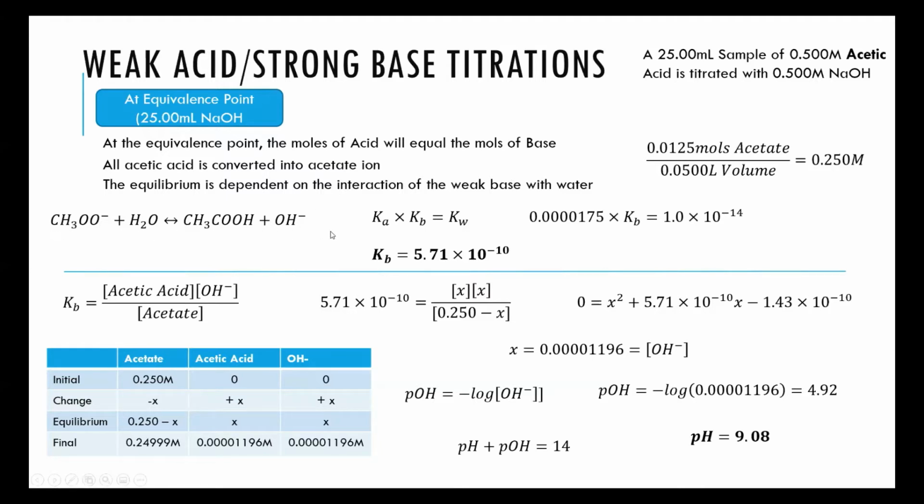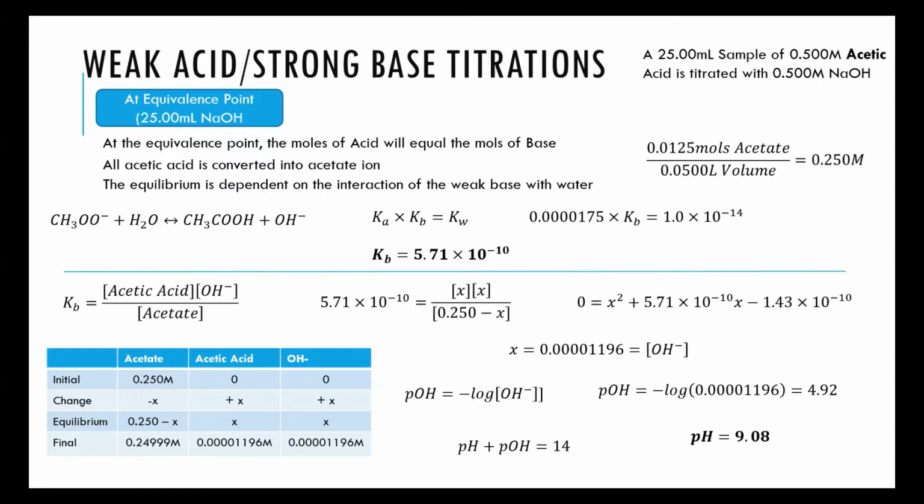So now you're looking at the reverse reaction, or the reverse equilibrium. You have a Kb, the base as a reactant going into the acid as a product. So the Ka times the Kb will equal Kw, the dissociation constant of water.